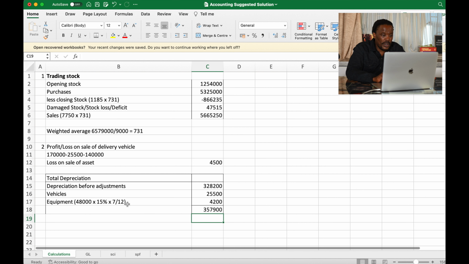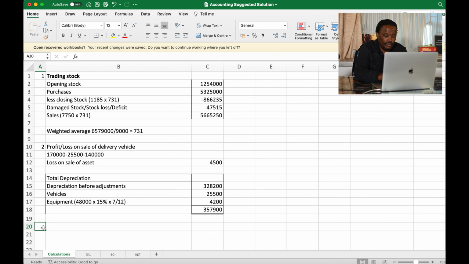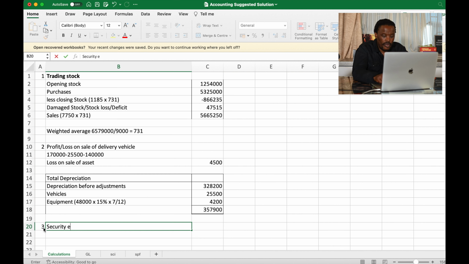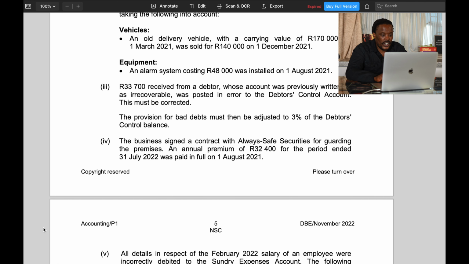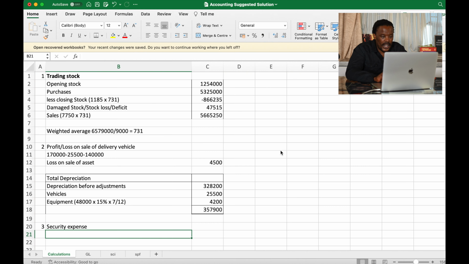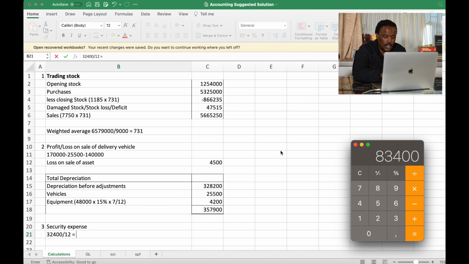Let me do it in calculations. Calculation number 3, operating expenses, security. There is this expense they are speaking about in the adjustment: 32,400 was paid for the year, and it equals per month how much? 2,700.